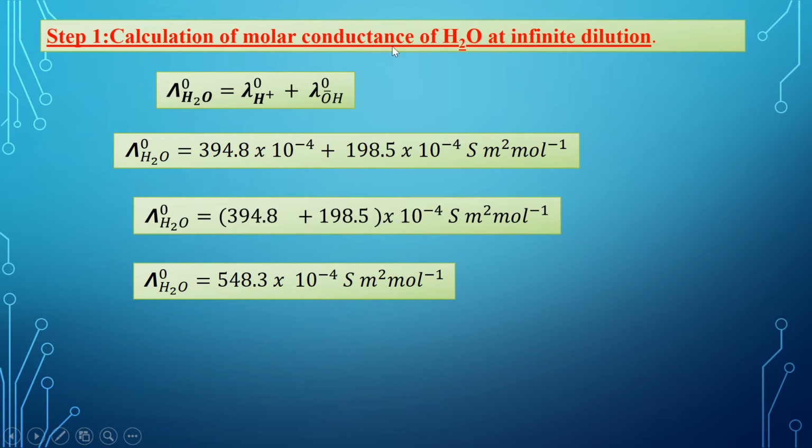Calculation of molar conductance of water. From the Kohlrausch law, you know that the sum of the ionic conductances at infinite dilution gives you the molar conductance of an electrolyte at infinite dilution. So substitute the values of H plus and OH minus conductance values, that will give you 548.3 into 10 to the power of minus 4 Siemens meter square per mole.